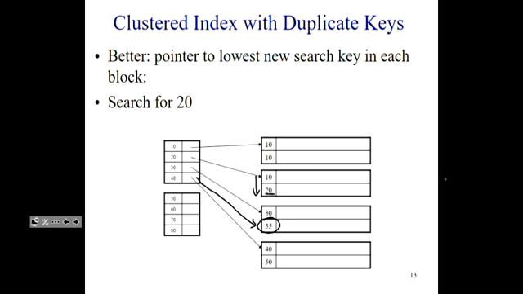What if there is another 20 in the third block? Okay, so let's say this was 20 instead of 30, and this was 30. In that case, this design would be storing a 20 here, because that's the lowest new search key in that block.